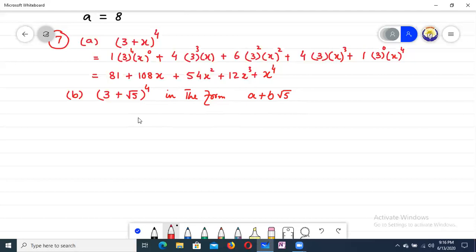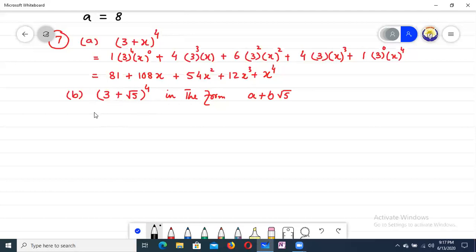As in part A and part B, we can see here is (3 plus x) raised to the power 4. 3 as it is, and at the place of x is square root of 5. Then in this expansion we will place square root of 5 at the place of x.